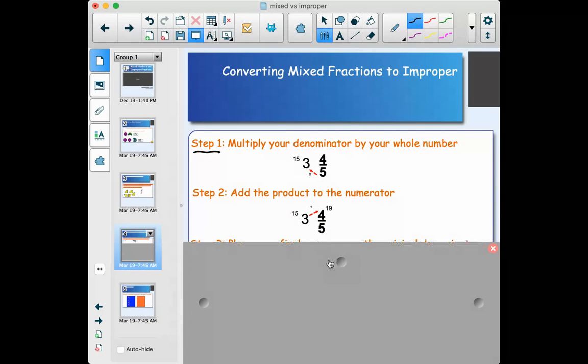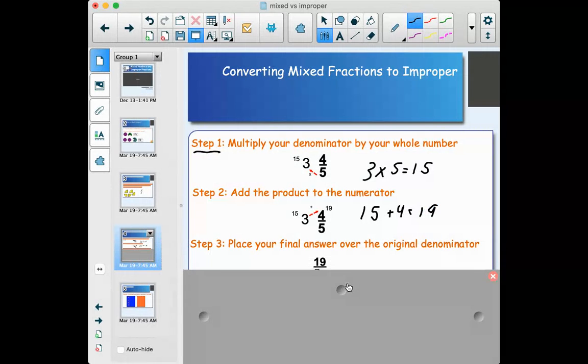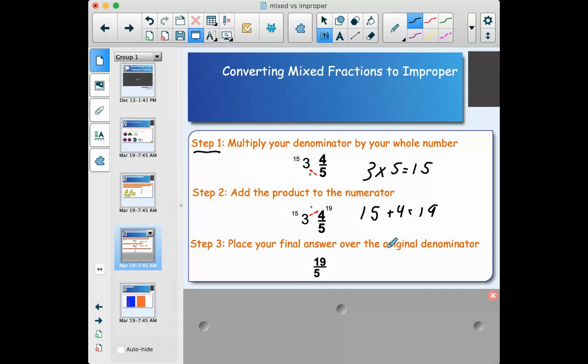Then I'm going to add that product to the numerator. So 3 times 5 is 15, and I'm going to add that to the numerator. So 15 plus the numerator, 4, is going to give me 19. Then I'm going to place my final answer over the original denominator.